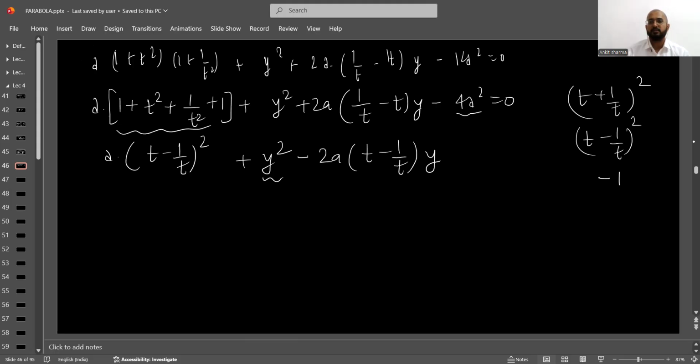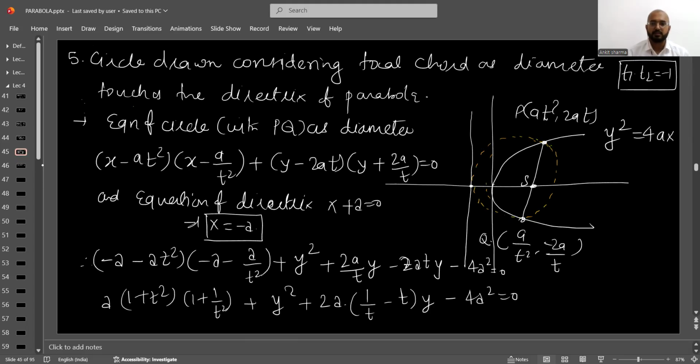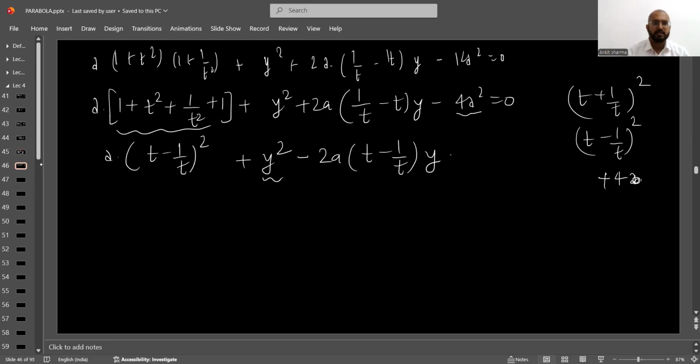This could be balanced here, so I have here 4a square. I think some calculation error is there here.